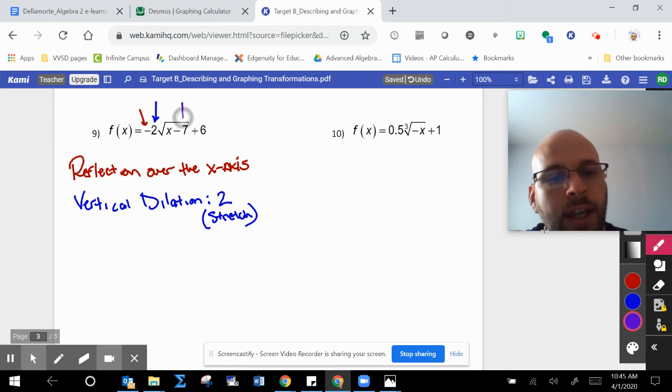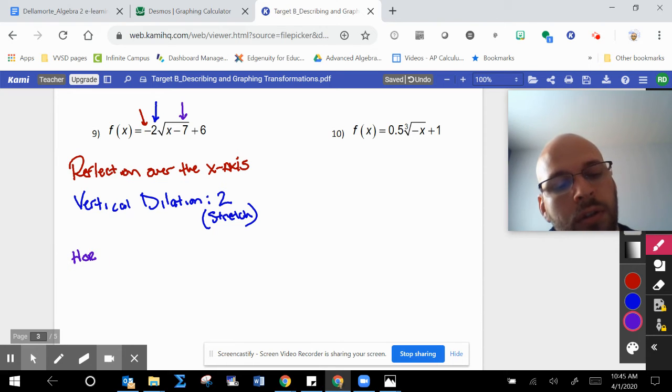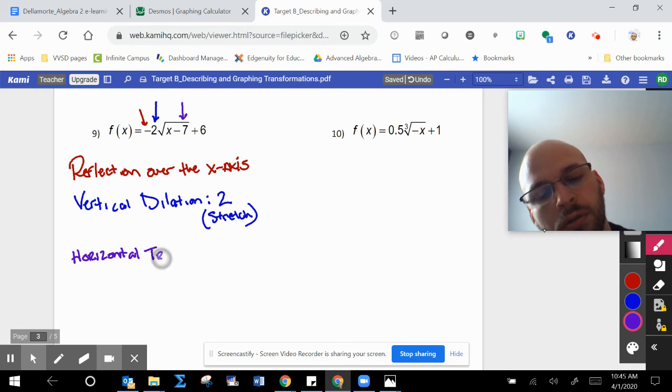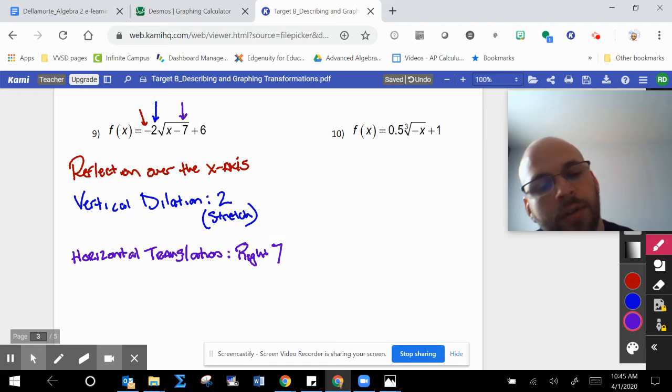Next, I have this 7. It's on the inside. It's being subtracted. So I know I have a horizontal translation. Translation. And that is going to be right 7.